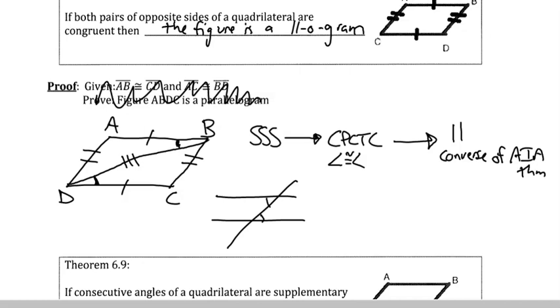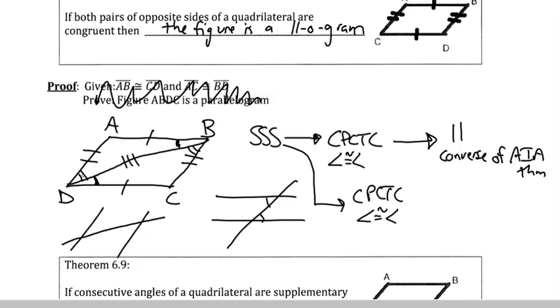Now what we would do is go over and state that these ones were congruent by CPCTC. So by CPCTC, the other angles are congruent. Why do I care about those angles?